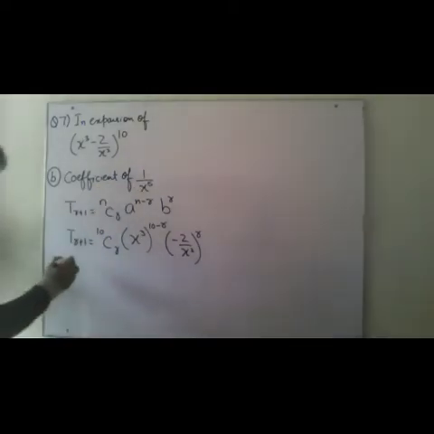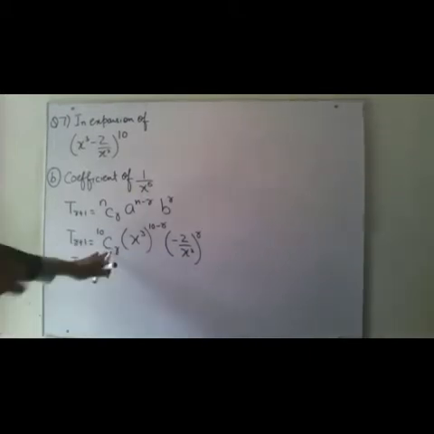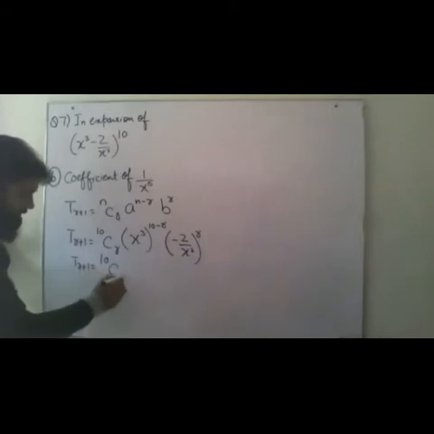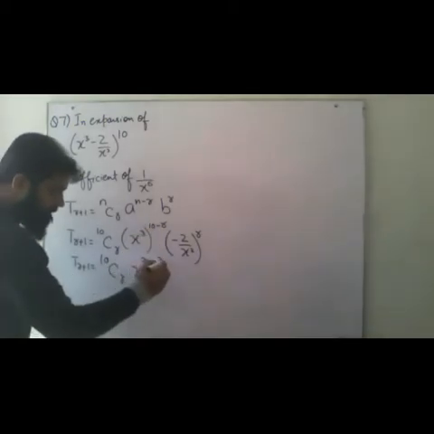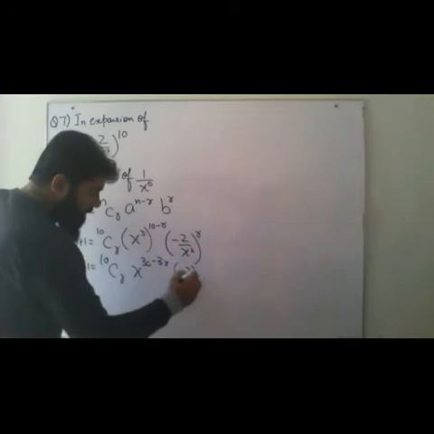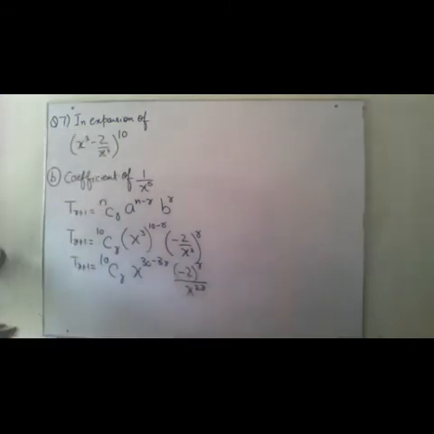Okay. So T(R+1), 10CR will remain as it is. I can't do anything over here with 10CR. This will become x^(3 tens are 30 minus 3R) times (minus 2) to the power R over x^(2R).